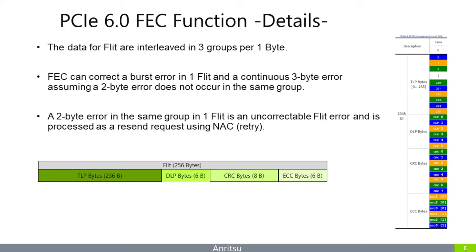As I said, PCIe SIG believes that kind of burst error will be generated by the DFE of the receivers. So up to 3-byte error, that will be 24-bit contiguous error, can be corrected by FEC. When a 2-byte error in the same group in 1 Flit occurs, it is uncorrectable.